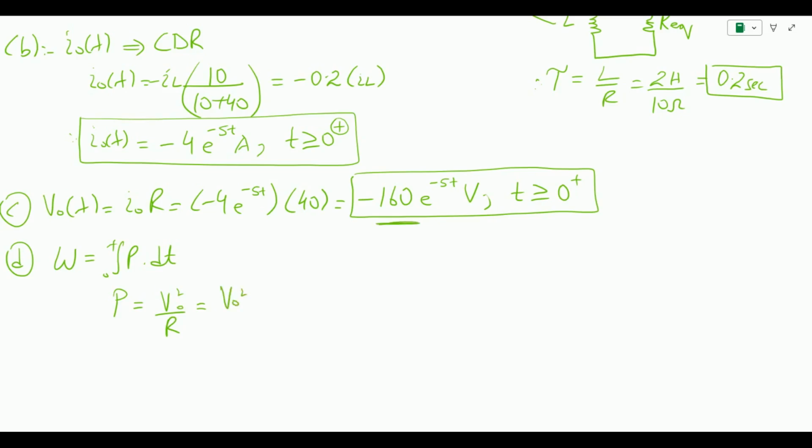So I can write it as v naught squared divided by 10 ohm. So it comes out to be 2560 e raised to power minus 10t watts, condition being t greater than or equal to 0 plus. Again, you can see our exponential has a negative sign, so this is the dissipated power.